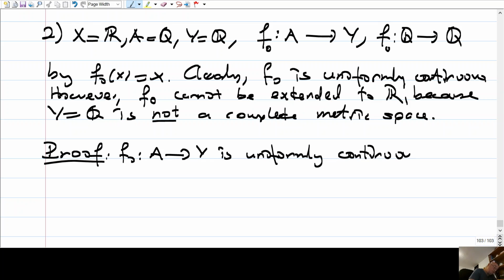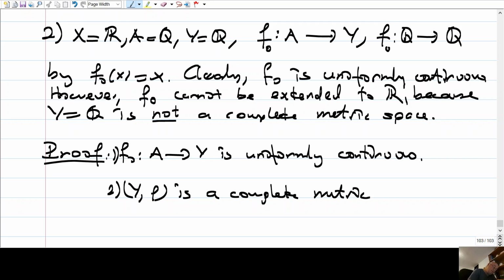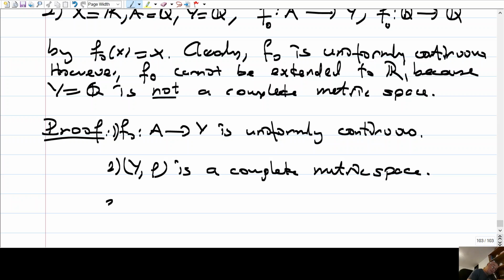Continuous. This is given. Another thing which is given, Y rho is a complete metric space. And the third thing is that A is dense. Okay, its closure is equal to X. A is dense.